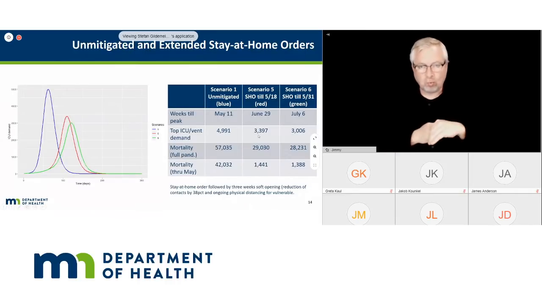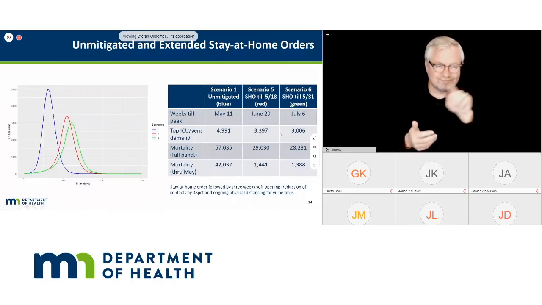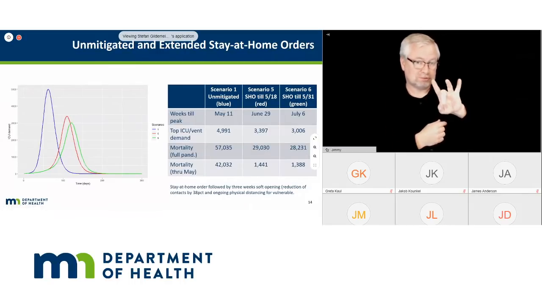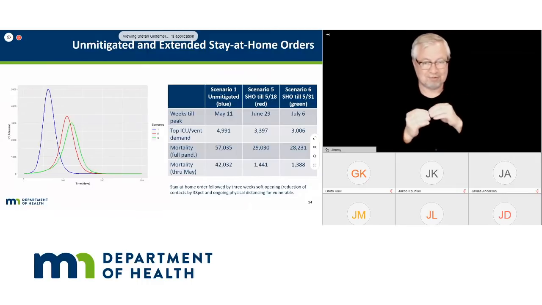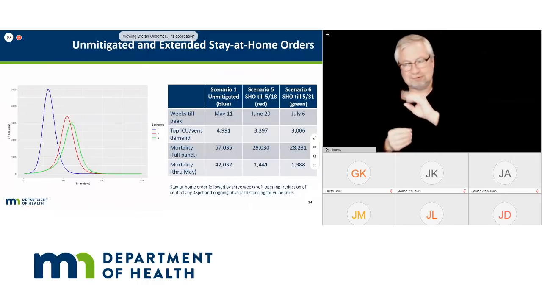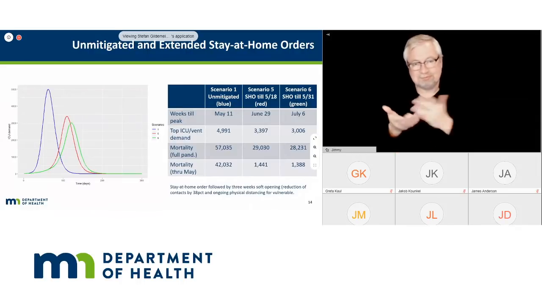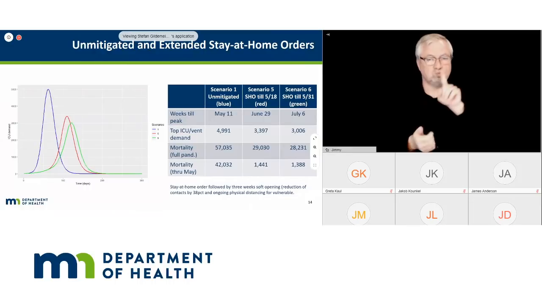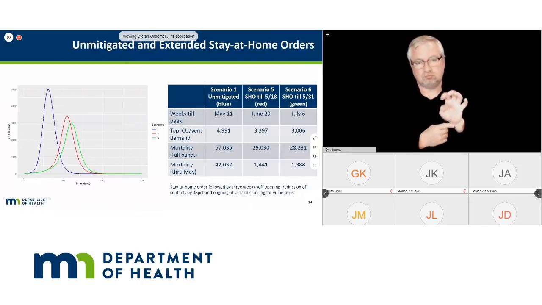Ventilator demand would fall to around 3,000 under scenarios 5 and 6, and mortality to about 29 or 28,000 for the full pandemic. Mortality through May, the model anticipates around 1,400 or so individuals in scenarios 5 and 6.